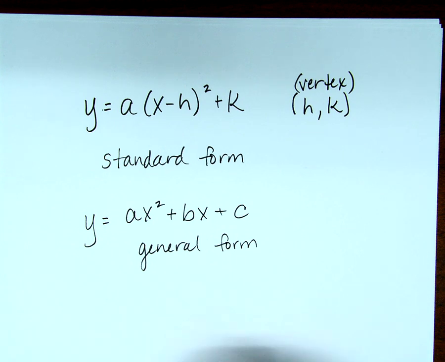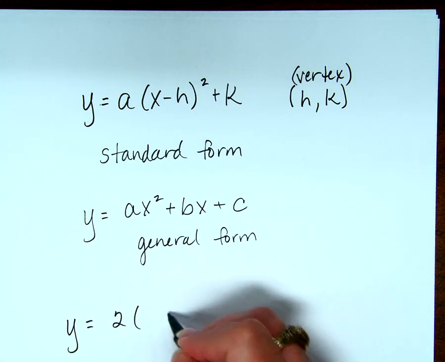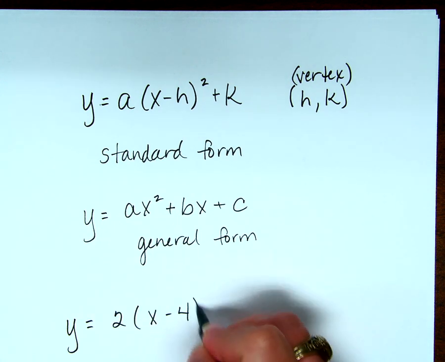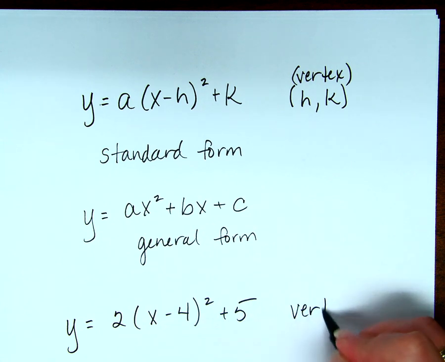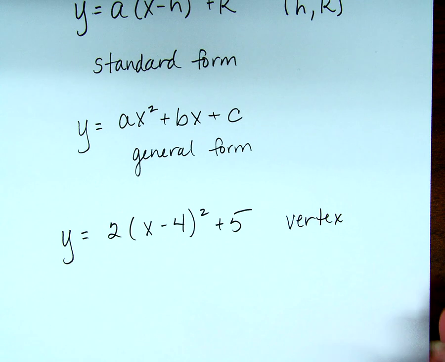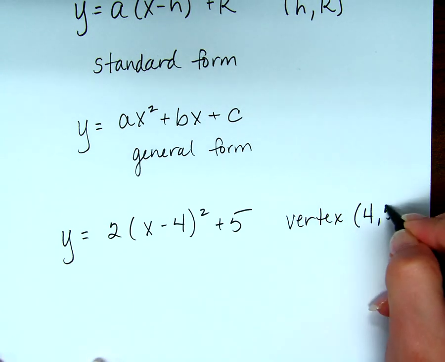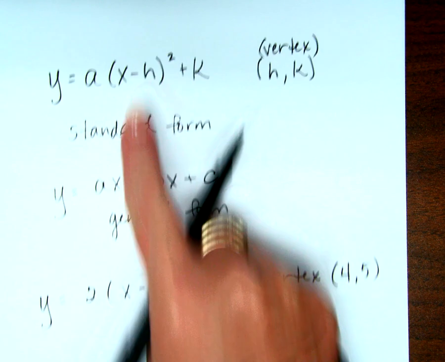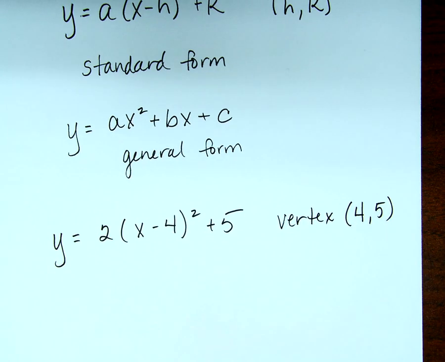So if I give you an equation like y equals 2(x minus 4) squared plus 5, can you tell me where the vertex is? So it's just 4, 5, right? Because remember, it's x minus h in the formula, and if it's x minus 4, then our h is just 4, right?